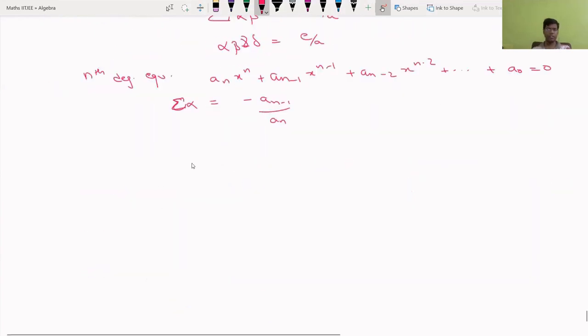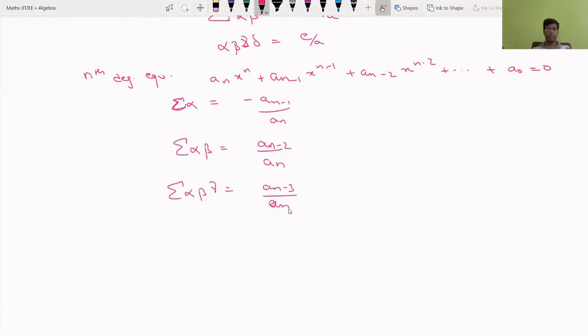And then the sum of the roots taken 2 at a time will be an minus 2 by an, and taken 3 at a time will be an minus 3 by an. Likewise, it will go. This will be with minus sign.